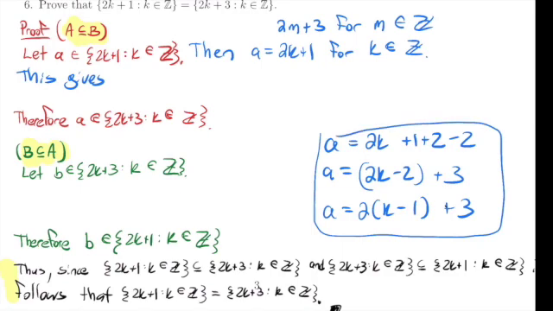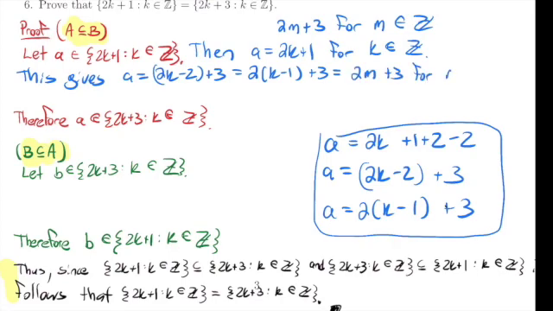I think some of that algebra seems to be pretty self-evident. So what I could say here would be like, well, this gives a is equal to 2k minus 2 plus 3. And that gives me 2 times k minus 1 plus 3, which is 2 times m plus 3, for this integer m, which is equal to k minus 1.